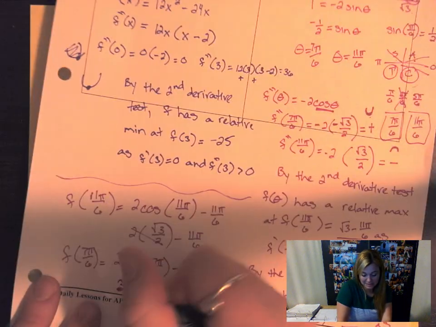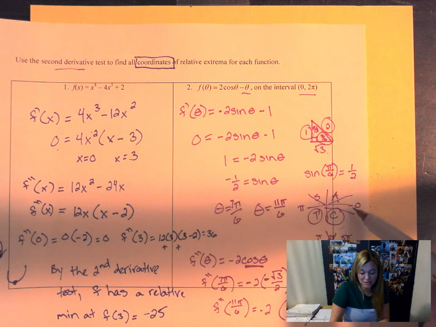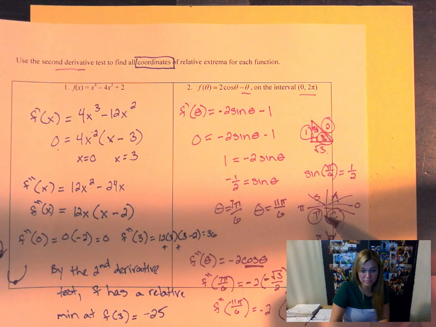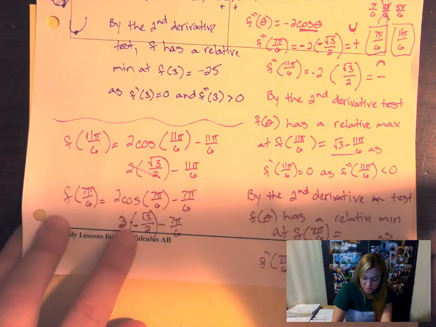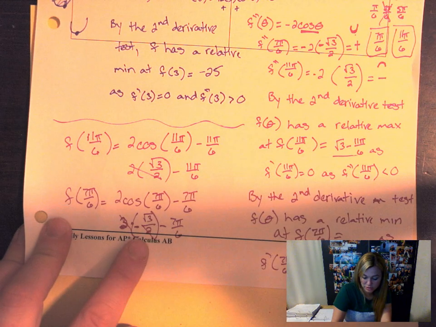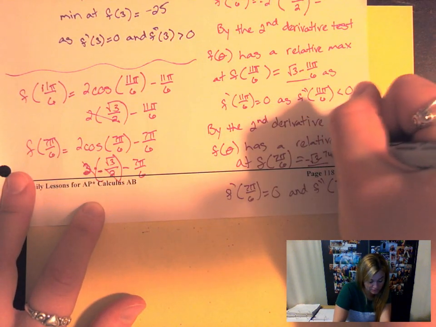But I need to consider, is this going to be positive or negative? And 7 pi over 6 would be just a little bit past pi. Think about pi and another 6, where only tangent is positive. So this is going to be negative. So the 2s still cancel out. So I'd have negative square root of 3 minus 7 pi over 6.